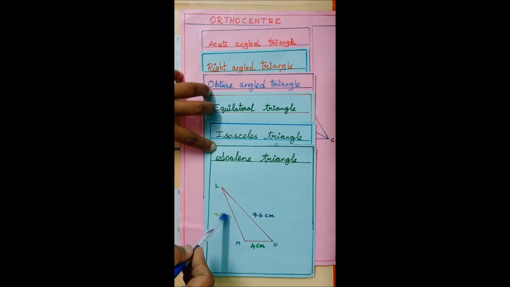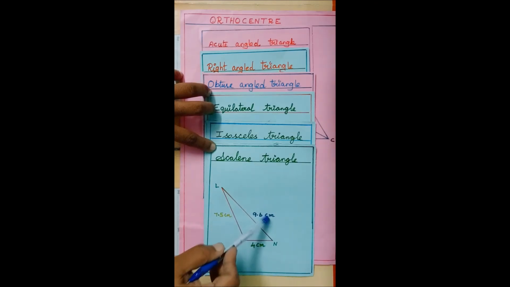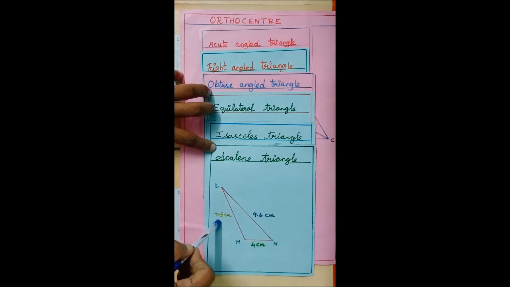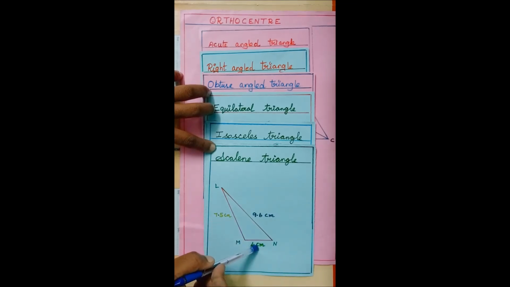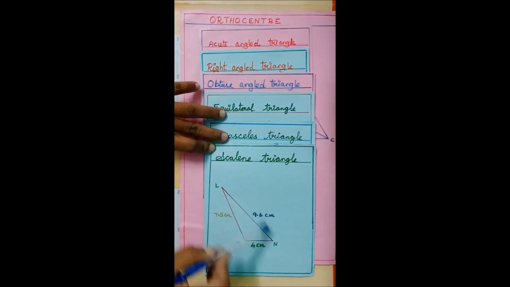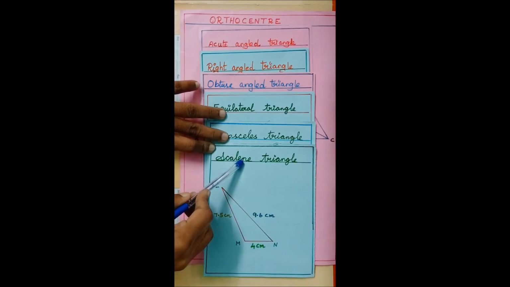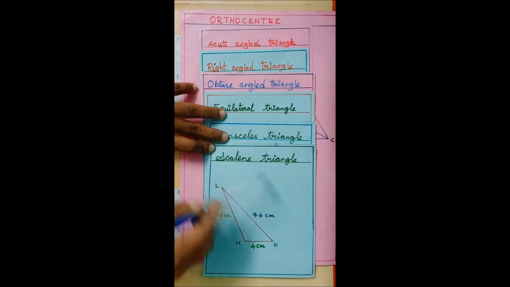If all the lengths of the sides of the triangle are different. See here, this is 4 centimeter, this is 9.6 centimeter and this is 7.5 centimeter. All the measures are different. So if the lengths of the sides of the triangle are different, then the triangle is said to be a scalene triangle.